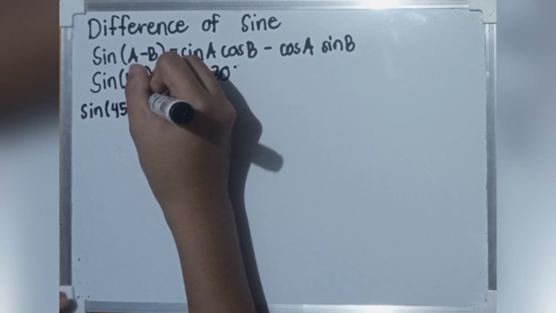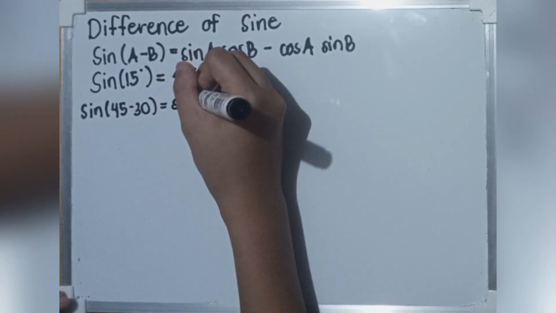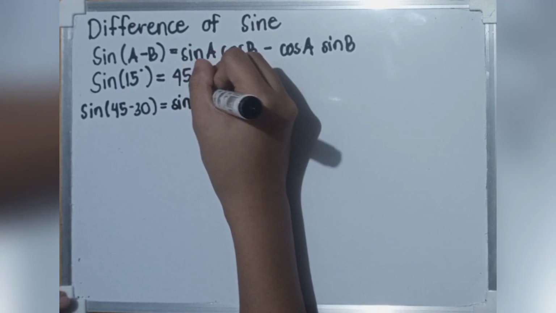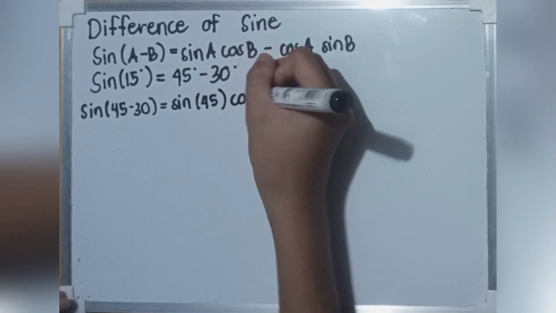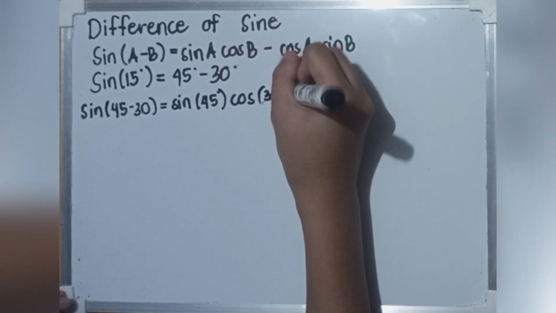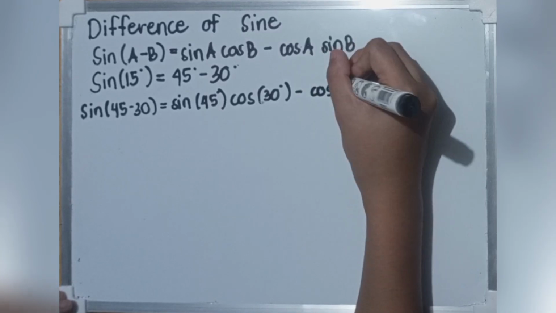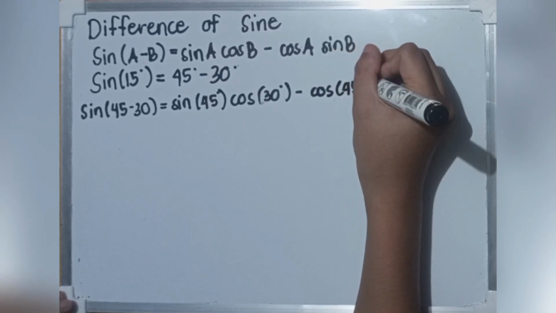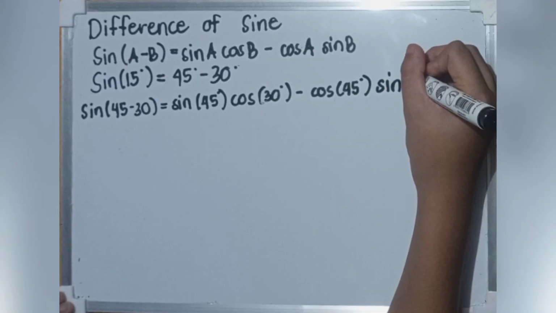So sine (45 degrees minus 30 degrees) equals sine 45 and then cosine 30, next minus cosine 45, and sine 30.